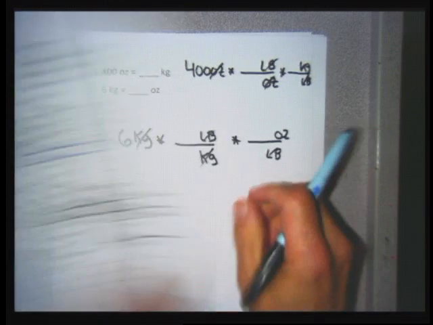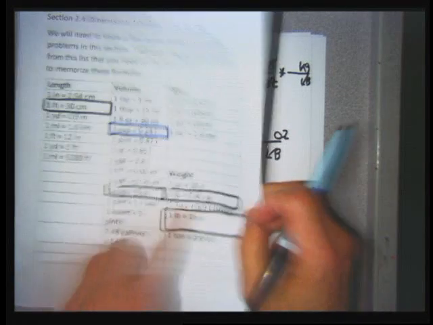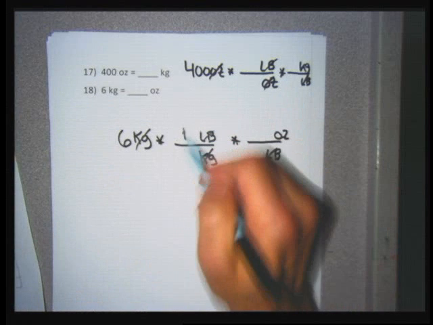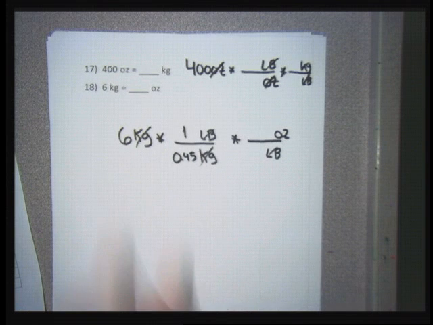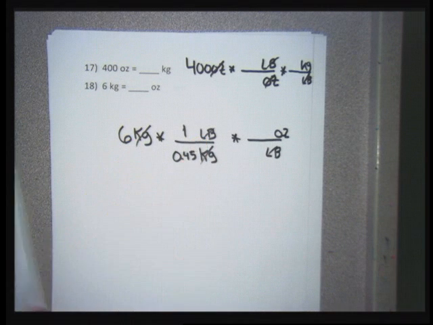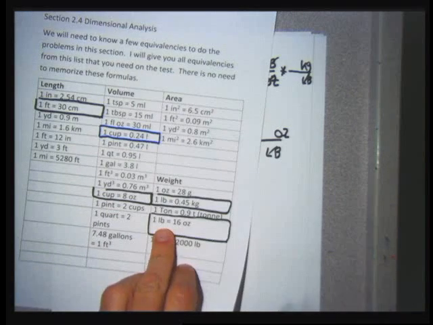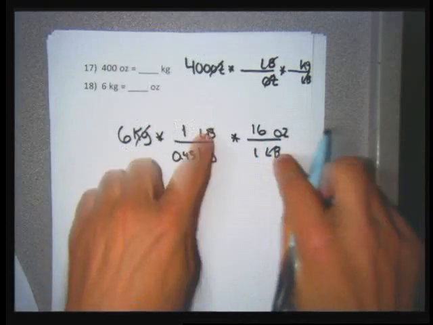For my problem, the first unit I'm going to use is 1 pound is 0.45 kilograms. So I'm going to go 1 pound is 0.45 kilograms. Kilograms cancel. I wind up with pounds. And then the next unit I'm going to use is 1 pound is 16 ounces. The pounds will cancel.